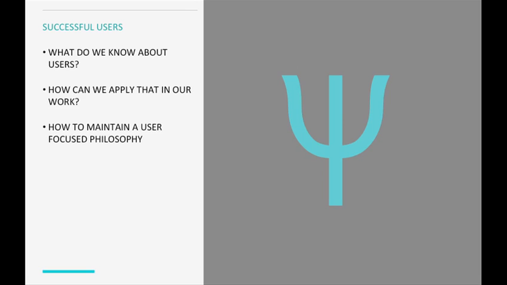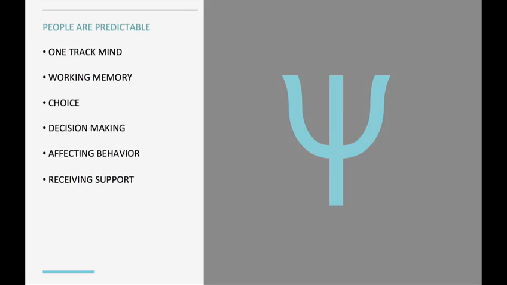So I want to take a few examples, and there are many more, that you could take away today. I want to talk about how people are predictable, because that's one of the most solid conclusions that psychology has shown over the past 100 years: that we are very predictable beings.